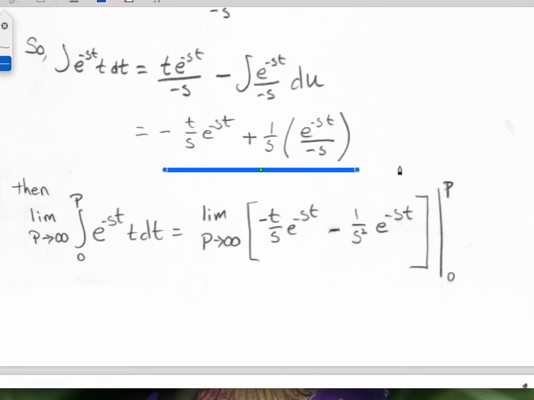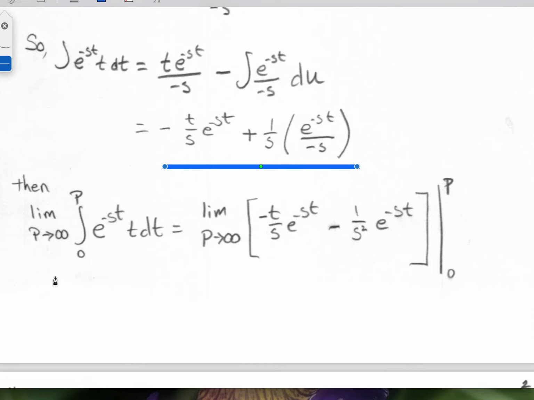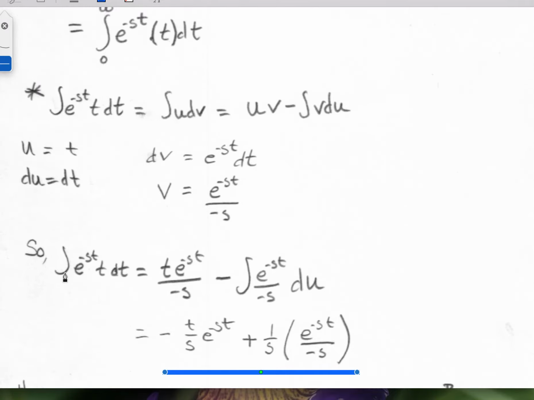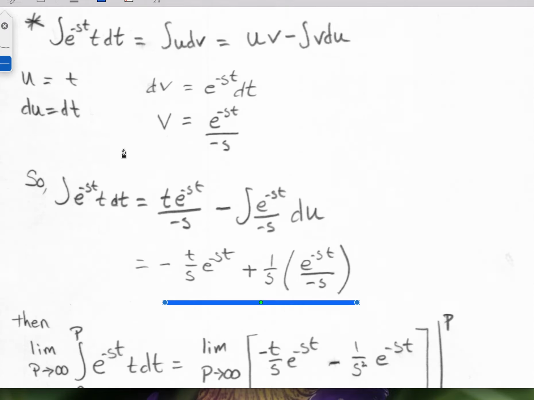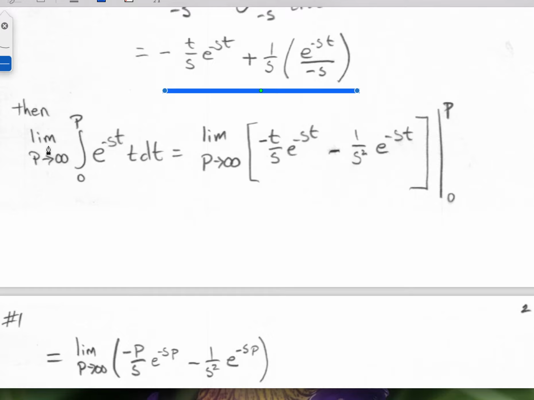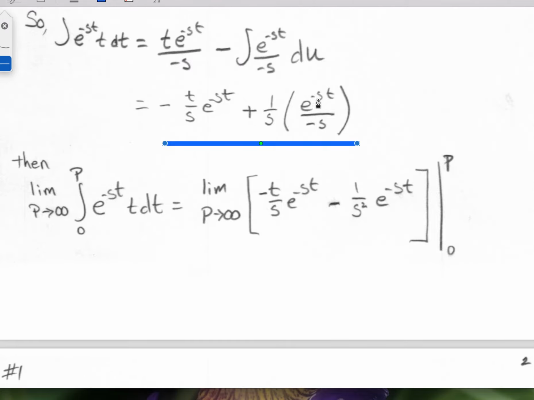I get this antiderivative. So in this case, since we're trying to find the integral from 0 to infinity, the way to do that is to take the limit as p approaches infinity of the integral from 0 to p of e to the minus st times t dt, which equals the limit as p approaches infinity of the antiderivative evaluated by the fundamental theorem of calculus from 0 to p.